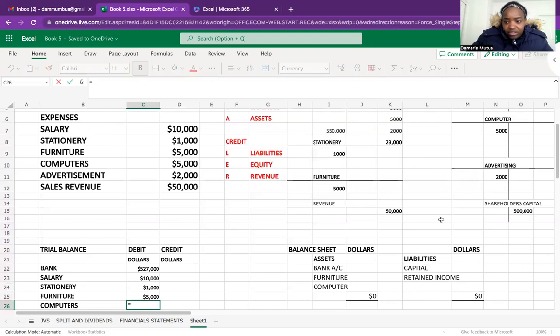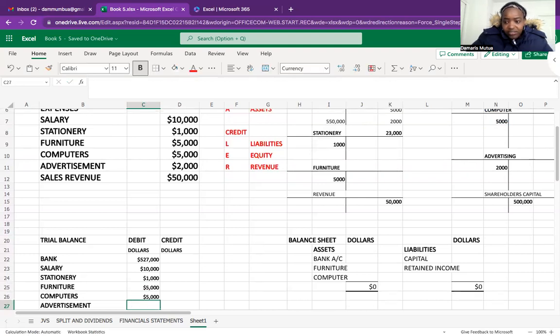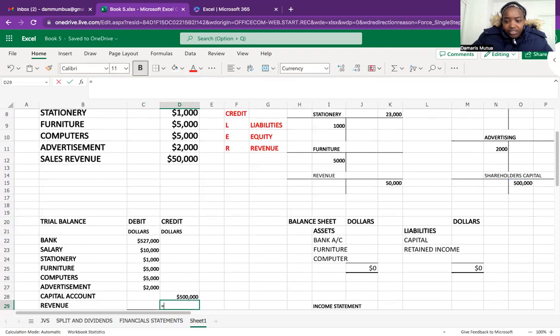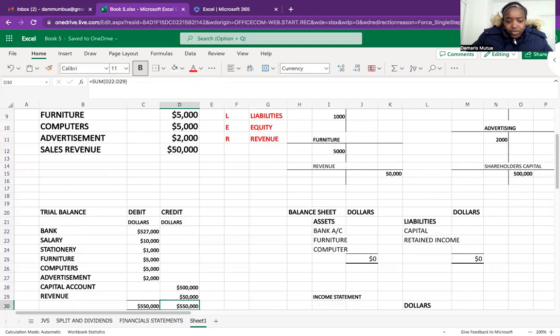My computer, 5,000. Advertising, 2,000. Then my capital from shareholders has a credit balance, so I'm picking that. My revenue, 50,000. So guys, we are doing well.